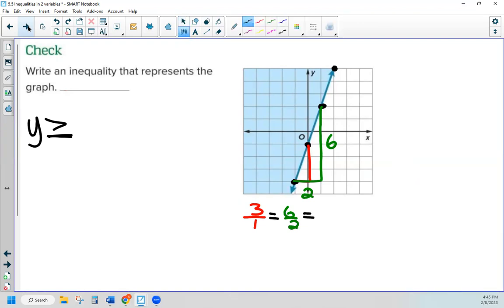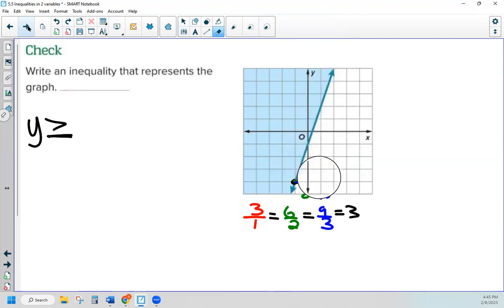And then lastly, you can go ahead and do right here, and that's going to give you 9 over 3 in blue, which all of this just equals 3. It doesn't matter which point you choose to do your slope. All right, people? That's what I'm trying to say.